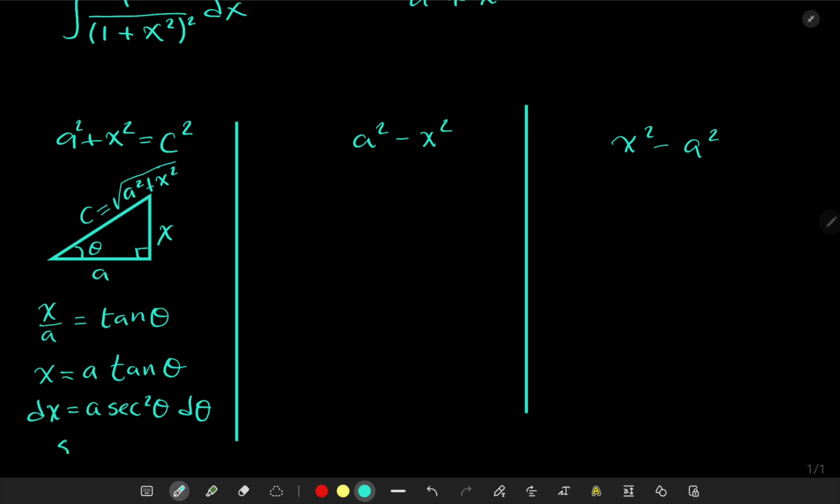So I'm going to write the secant here because I'm going to have to multiply both sides times a. So c over a is going to be the square root of a squared plus x squared, divided by a, but I'm going to multiply it on this other side. Usually this is the term you want to integrate or a power of it.